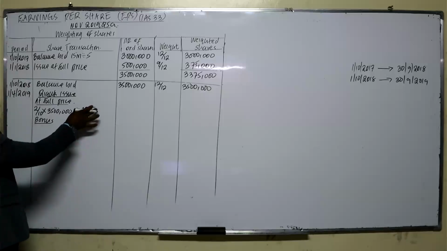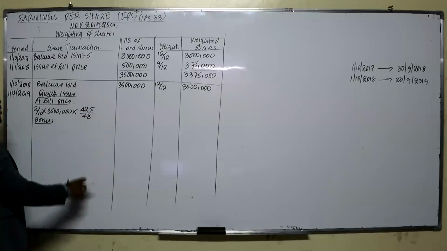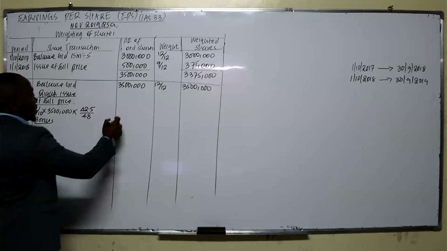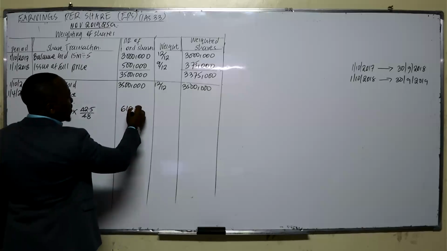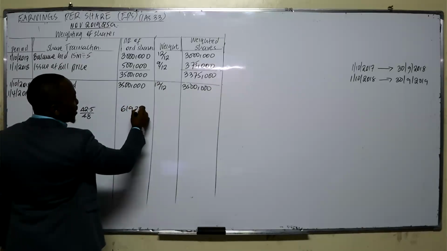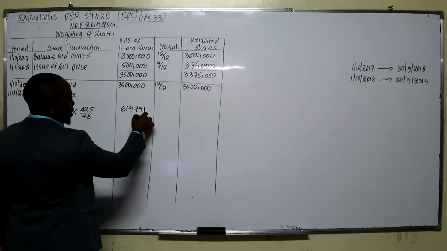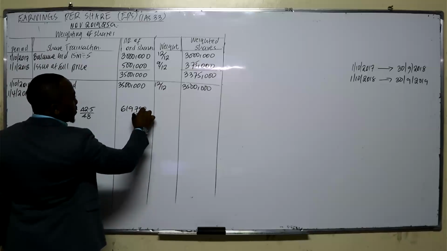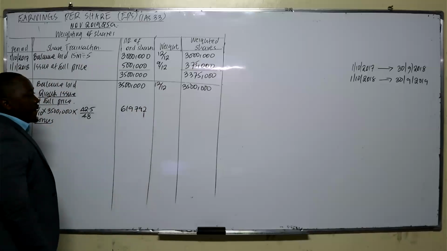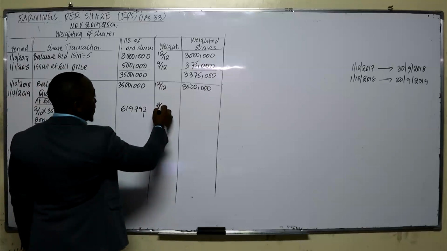So you multiply by the issue price over the market price per share. 619? 7? 91, eh? So 92, eh? Then 6 months, right? 6 over 12.